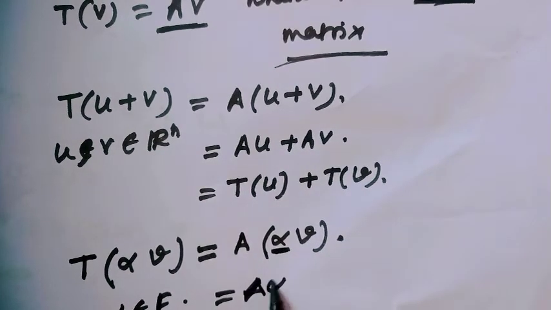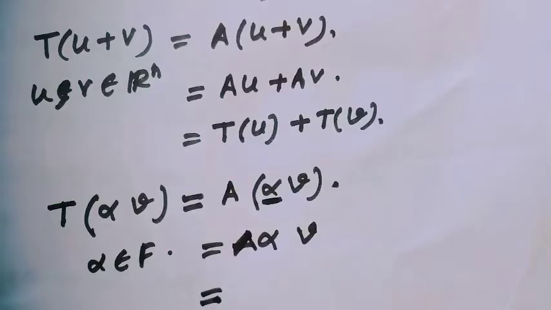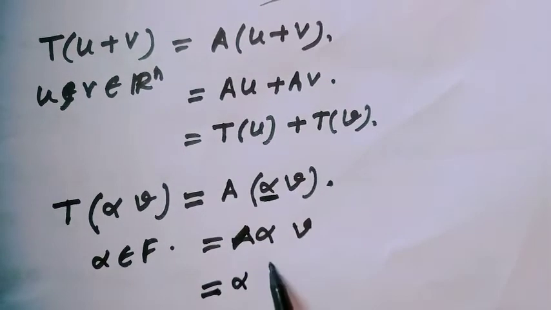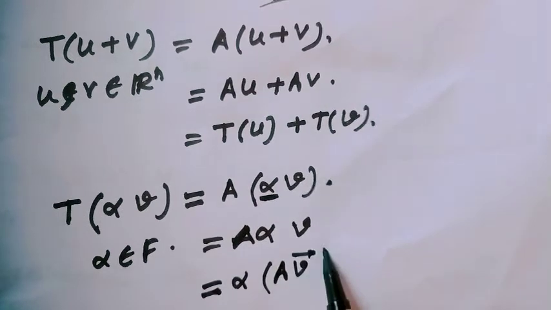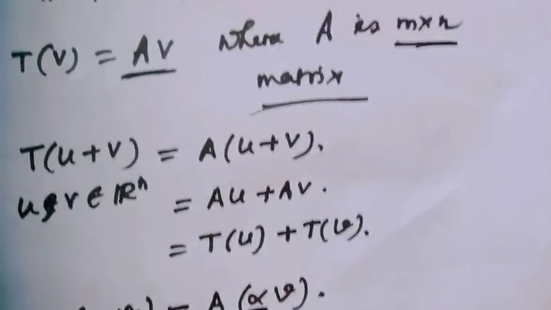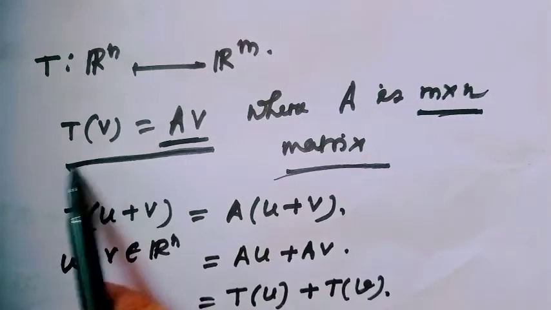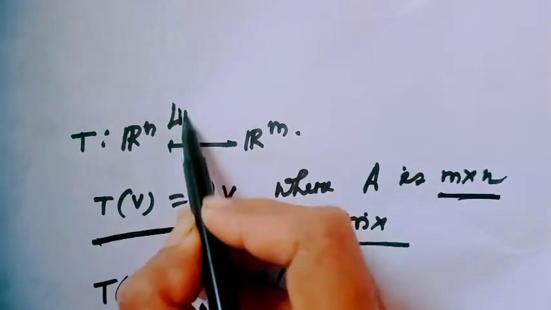This would be A times alpha times v, which we can write as alpha times Av, because here alpha is any scalar. Okay, that means our condition of linearity has been satisfied. That means this mapping is a linear map.